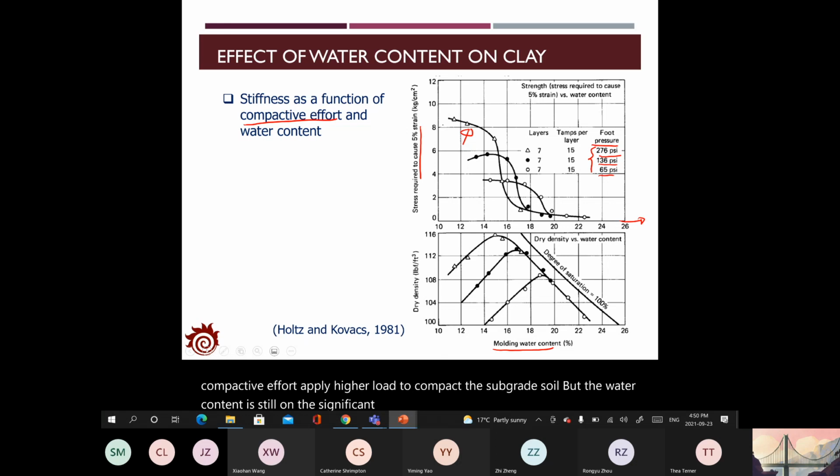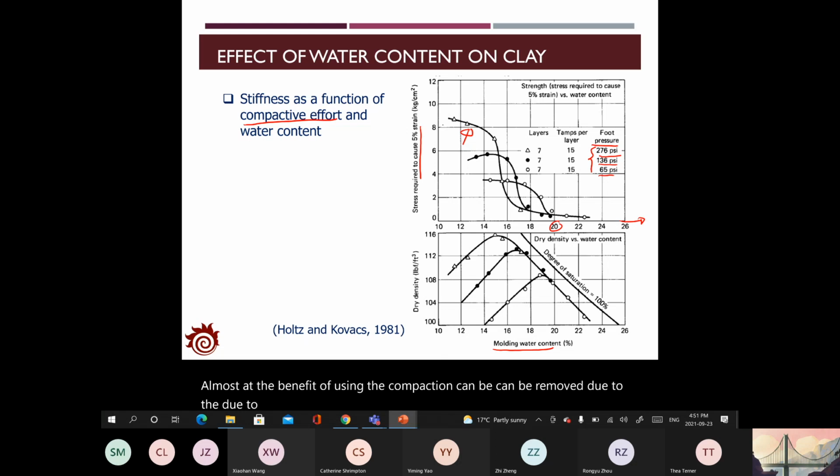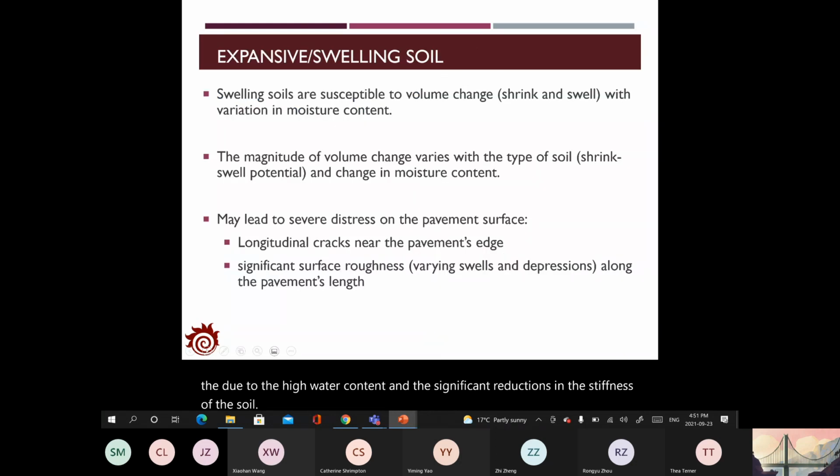As you see, if the water content is higher than 20%, almost all the benefit of using compaction can be removed due to the high water content and the significant reduction in the stiffness of the soil. That's the impact of the water content.